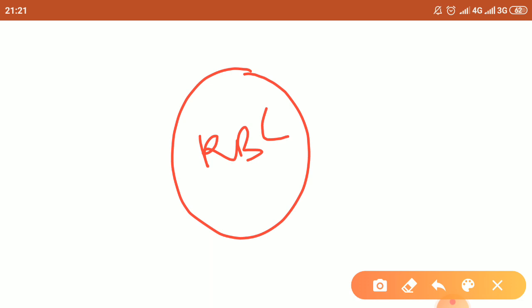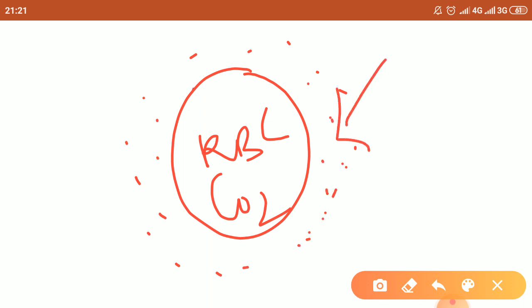So each and every cell, when they are going to perform a few activities, what would happen? Waste is generated. So in the case of RBC, the waste is generated in the form of carbon dioxide, and around it, outside, or we can say the outer medium of this RBC is containing oxygen that is supplied from the external environment.